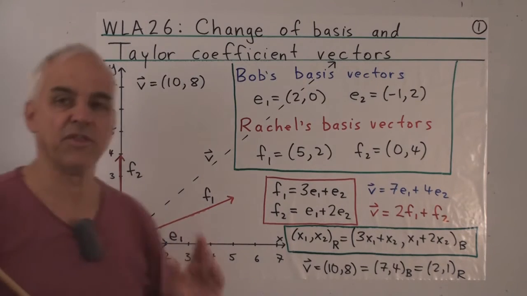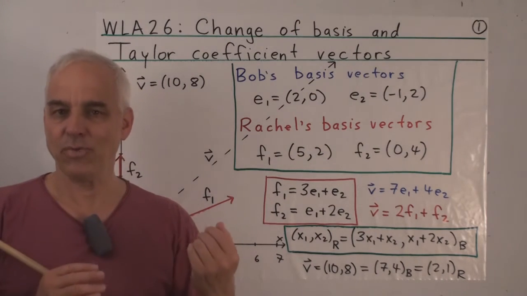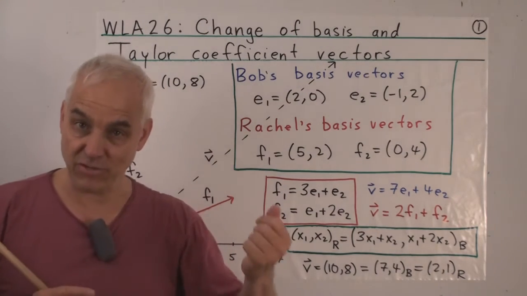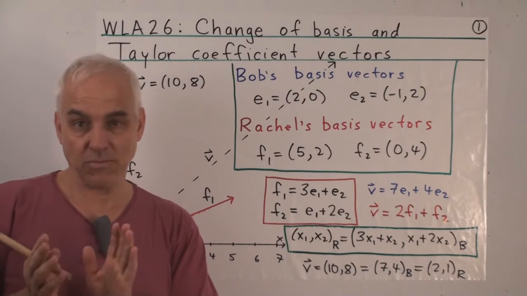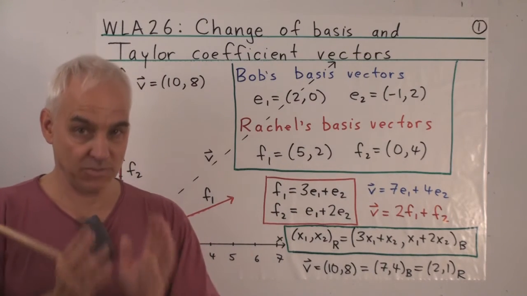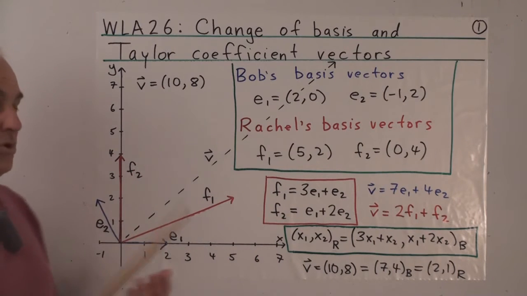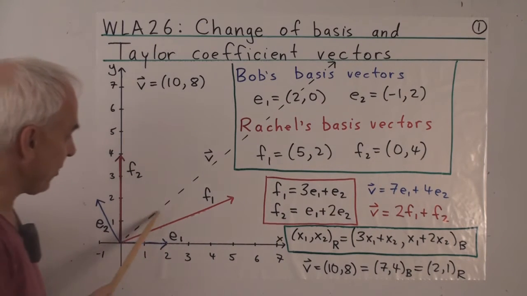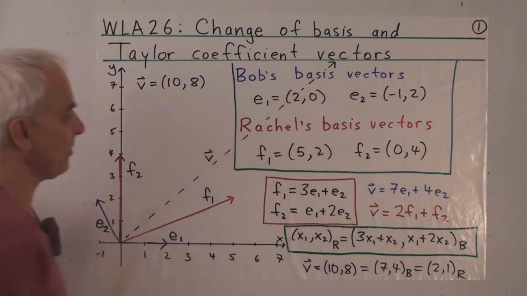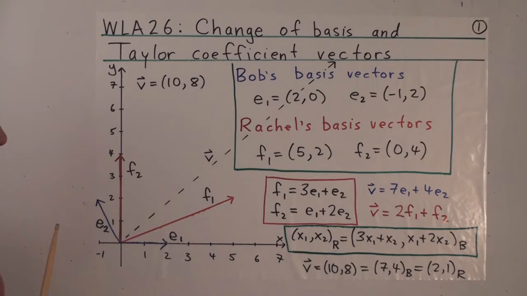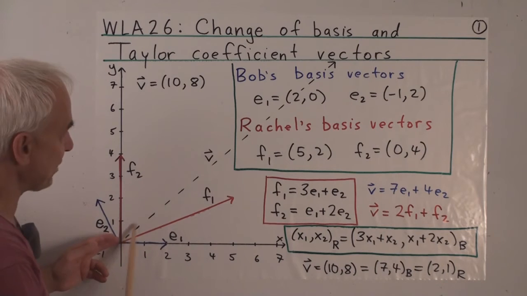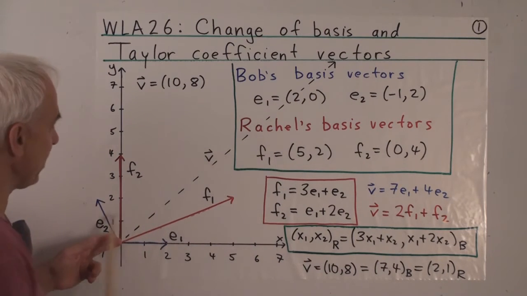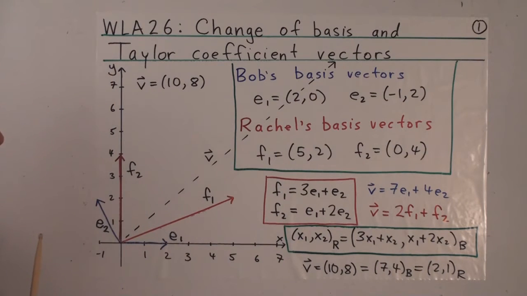Then we were interested in how we express another vector in the space, both in terms of Bob's system and in terms of Rachel's system. So we took another vector, the same one that we looked at before. Let's call it V. In our system, this is the vector (10, 8): 10 in this direction, 8 in this direction.